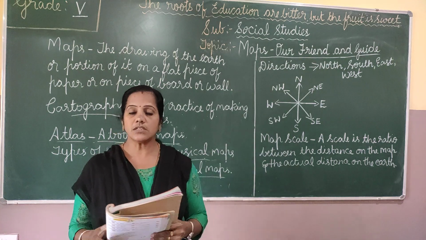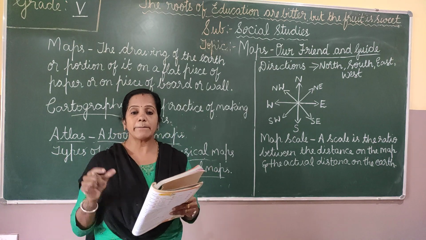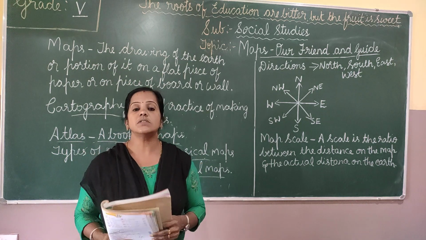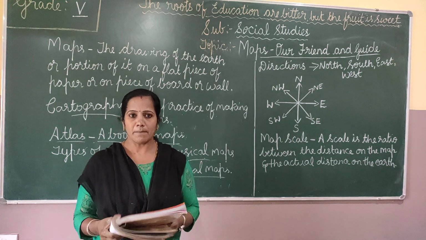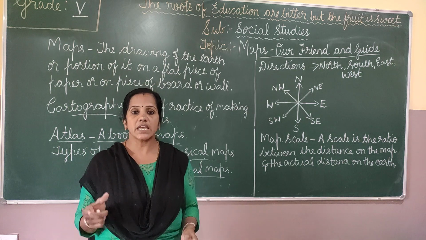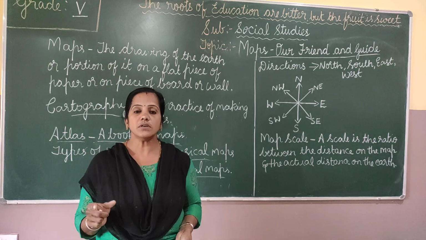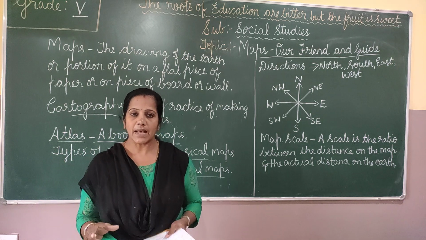If you see the map, the scale used to draw that map is always shown on the corner of the map.